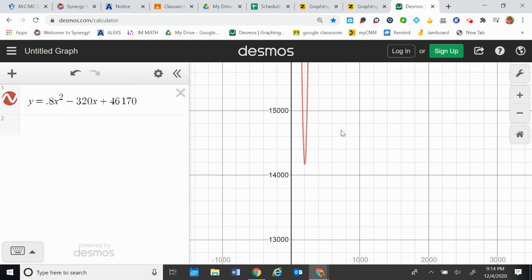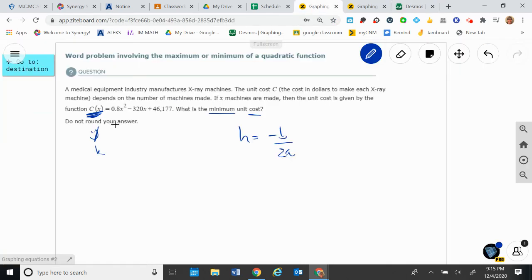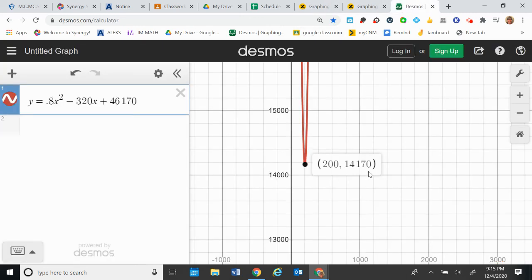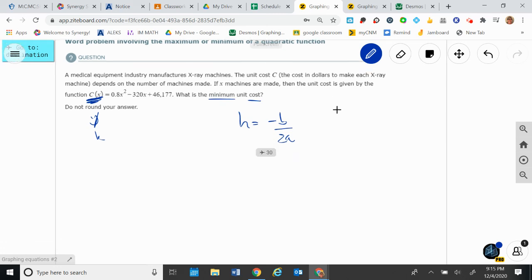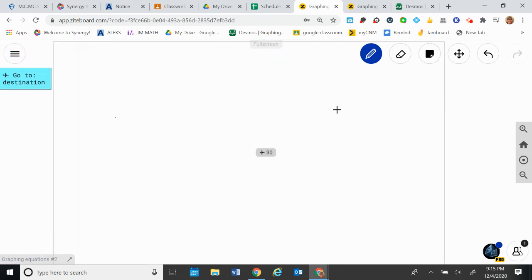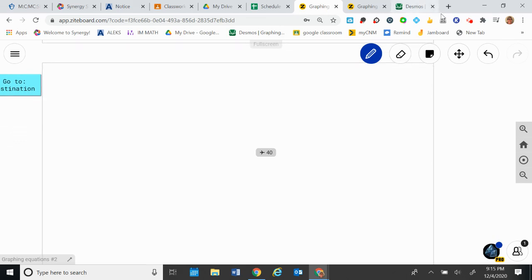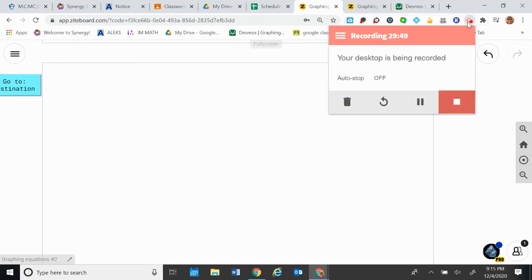It doesn't seem to be working that way, but here's the vertex right here. 14,170. So what are they looking for? They're looking for the Y answer, minimum cost. So the answer is 14,170. I don't care if you use a graphing calculator, more power to you, people. I think that's it. All right, that's it for this last video.